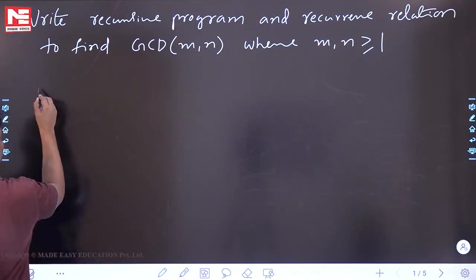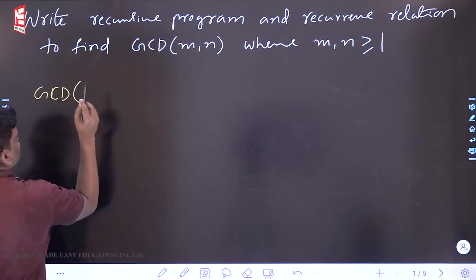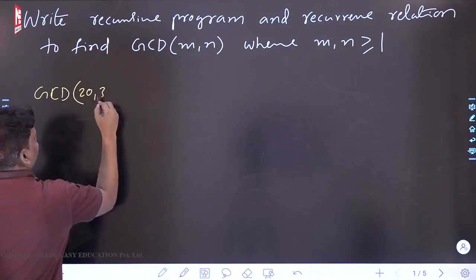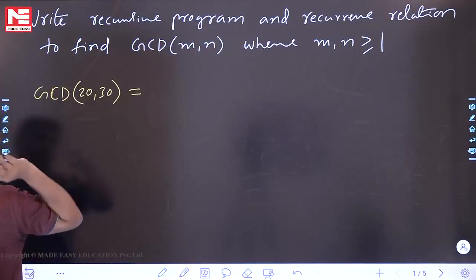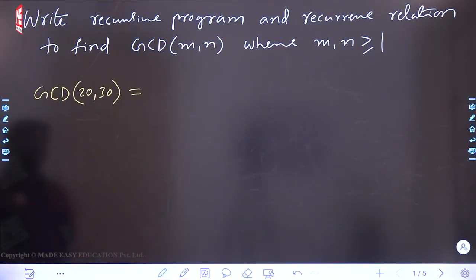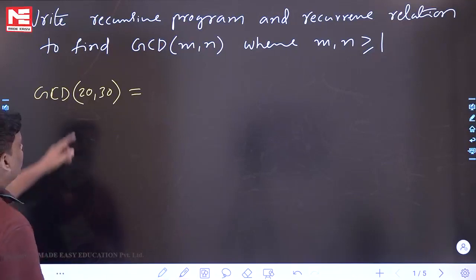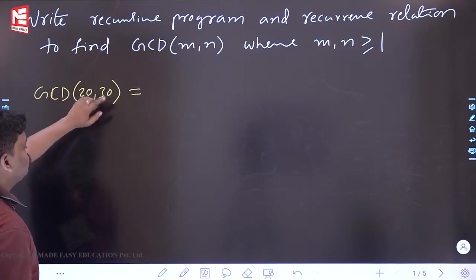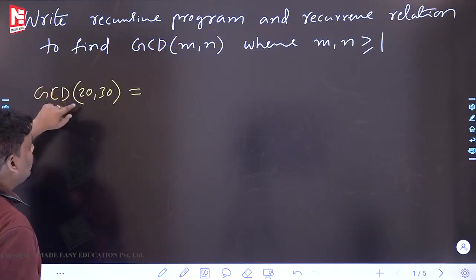Can you help me now? You only say what is the GCD of 20, 30? Greatest common divisor, right? The number which will divide both. What are the numbers dividing both? I think 2 divides both. 3 no, 3 doesn't divide both. Common divisor required. 4 no. 5 yes.